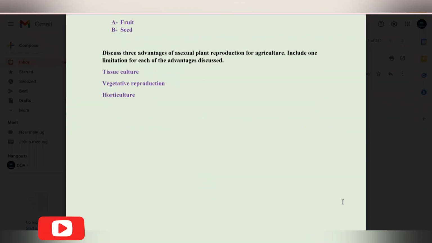Scientists can extract tissues from plants and they can grow them in culture to generate many plantlets. And the good thing here is that they can change the genotype and the phenotype of the plantlets to resist diseases and so forth. But a limitation to this is that this process has to be done under aseptic conditions, which is not always available.